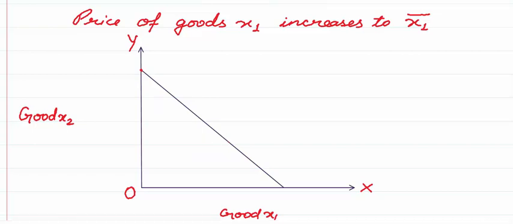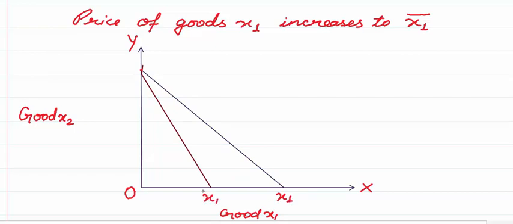So let's see how the budget line of the consumer looks. Here, the budget line has shifted on the x-axis from the point of X1 to X1 bar. At this point, on the y-axis the consumer is consuming X2 quantity of goods, which remains the same.